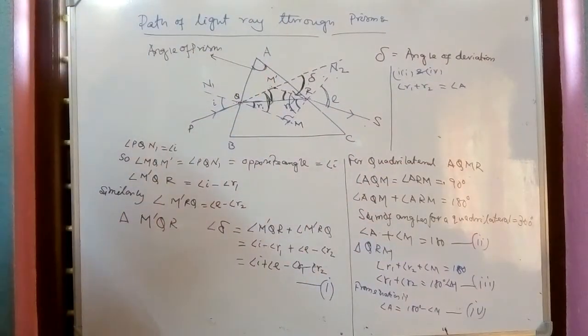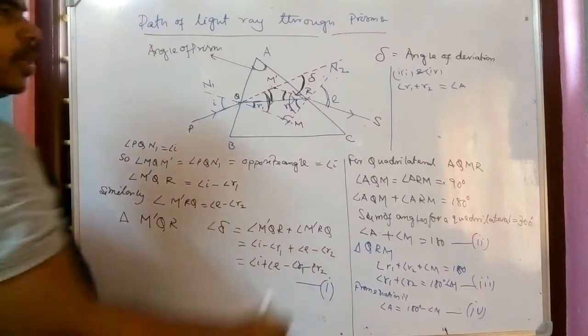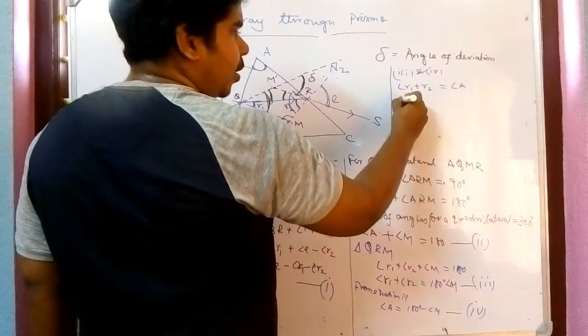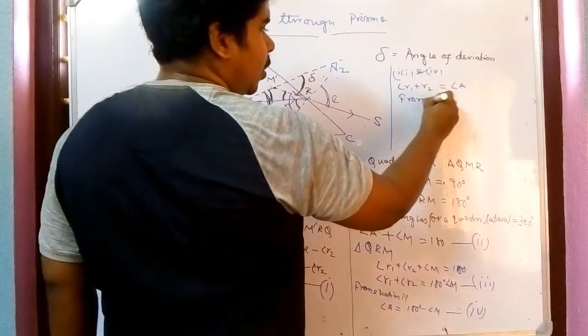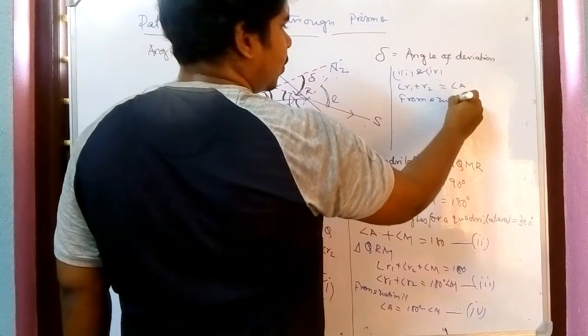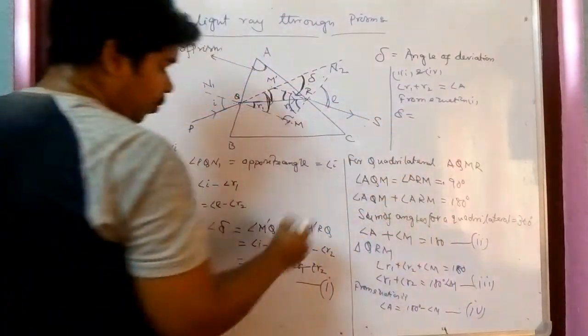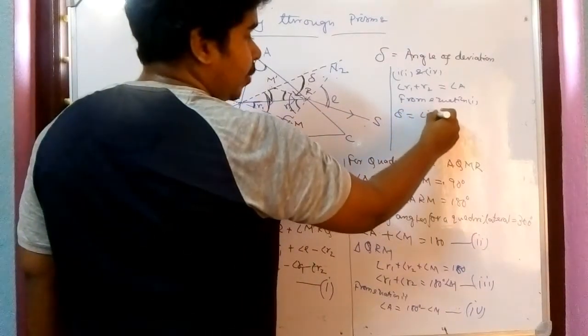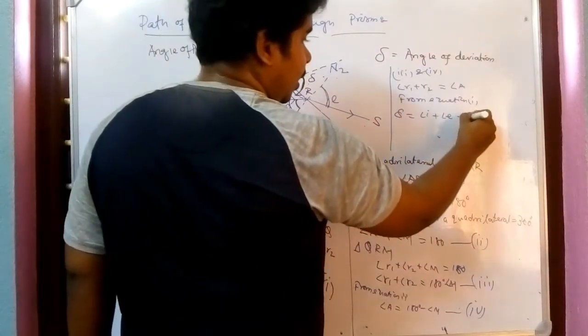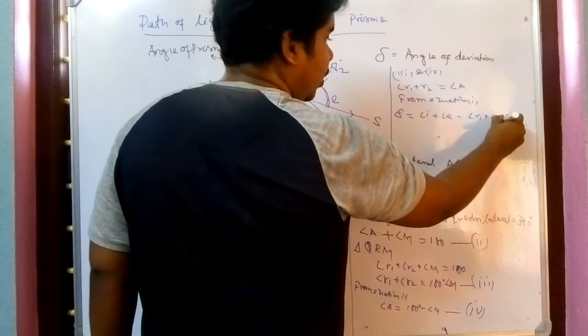And now if I put the value here, from equation 1 we can write delta equals how much? Angle I plus angle E minus angle R1 plus angle R2.